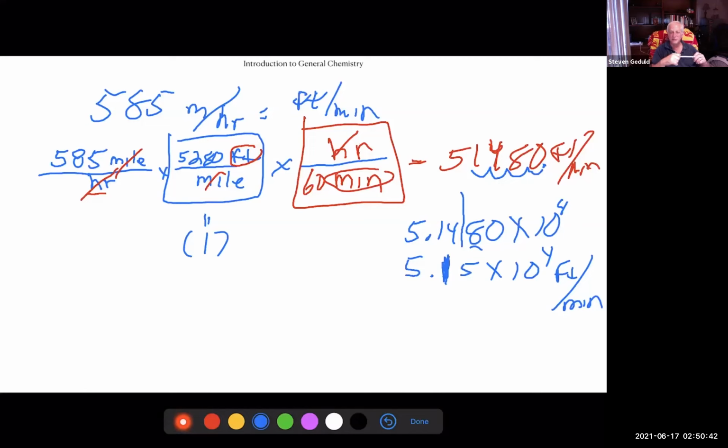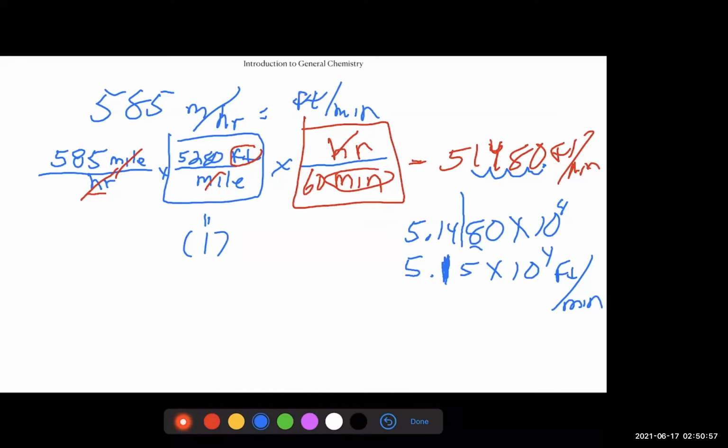I had a question. Go for it. Which number on the homework is that on? Because I didn't see that in the homework. Maybe number 22, I think. Is it for chapter 2?